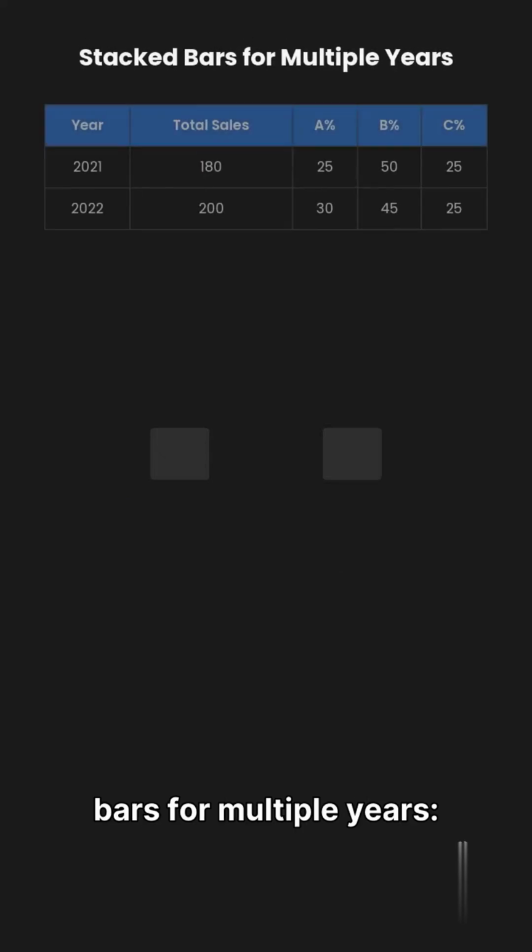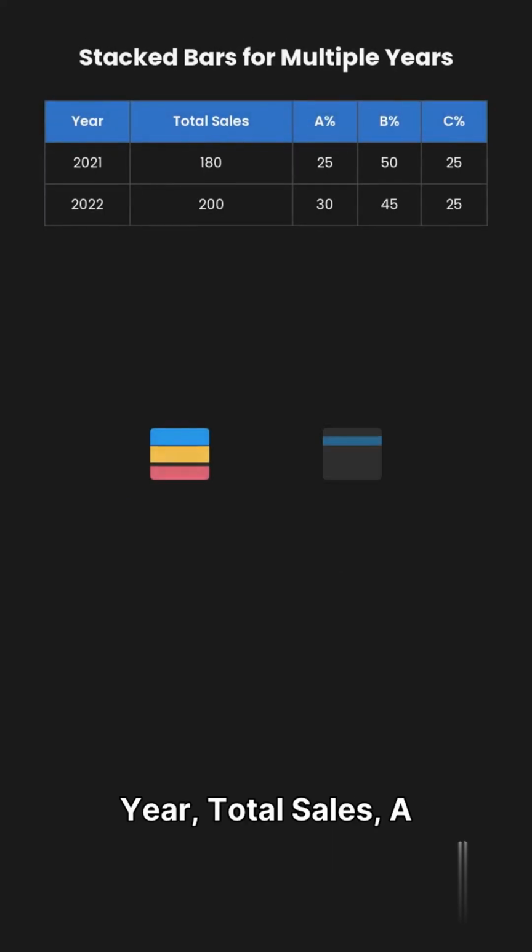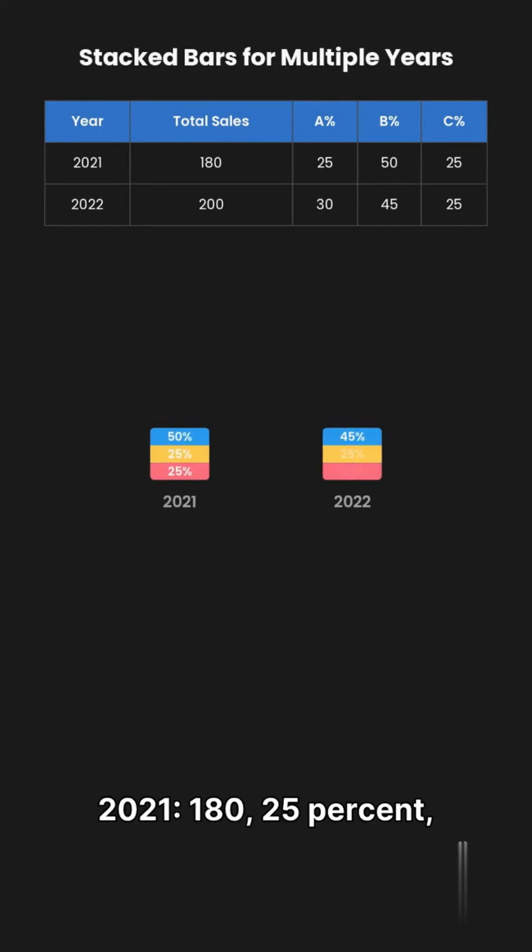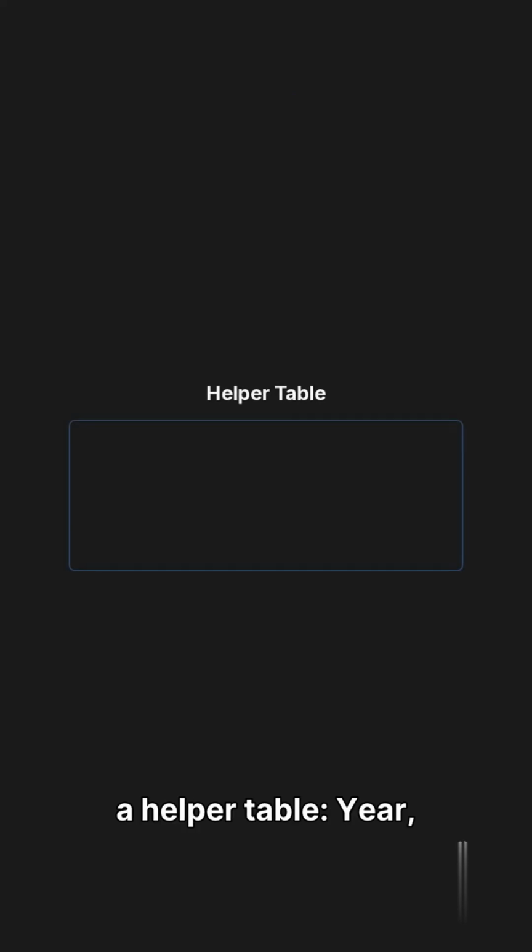If you have stacked bars for multiple years: year, total sales, A percent, B percent, C percent. 2021, 180, 25%, 50%, 25%. 2022, 200, 30%, 45%, 25%. You can directly fill a helper table.